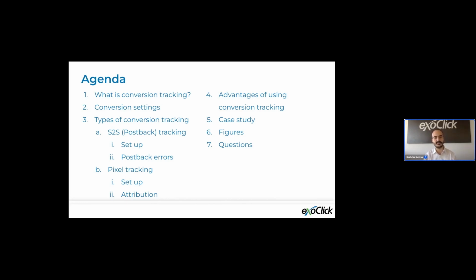We're going to explain the advantages of using conversion tracking here in ExoClick. I'm going to show you a case study of a successful use of these conversion settings in our platform. And we'll finish the webinar with some figures of the current usage of conversion tracking in our platform and the settings that advertisers are using, and with some questions from the audience.